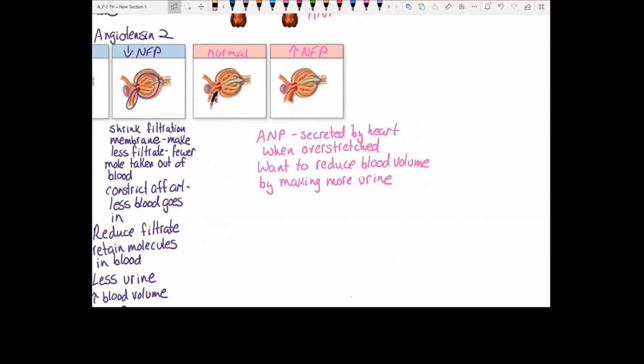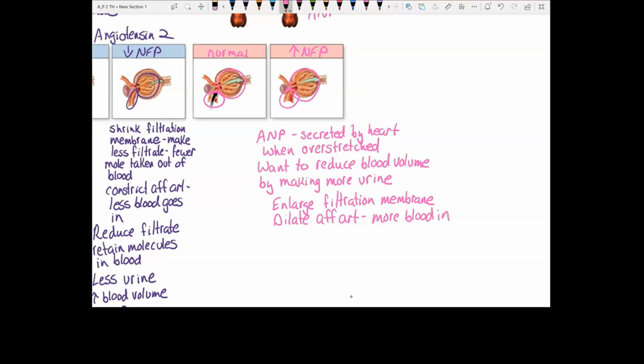So if you look at the 2 ways you do that, look at the size of the glomerulus. See how it's bigger? So you enlarge the filtration membrane. And the afferent arteriole, if you compare it, it's dilated. So that more blood goes in.